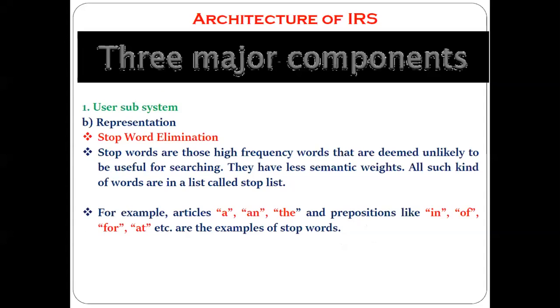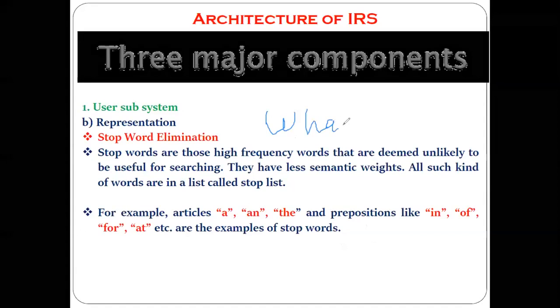When you ask a question, there are different words in that question. Like if you ask, what is an artificial intelligence? Now, can you tell me what the stop words are in this particular statement?